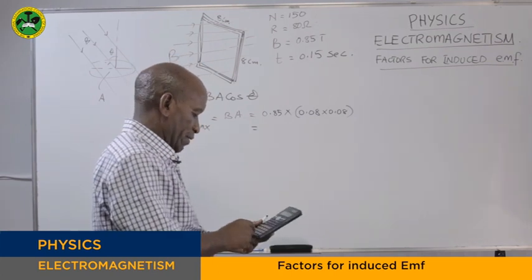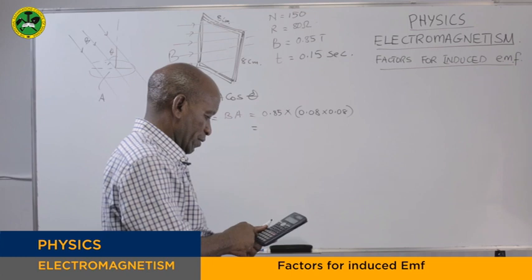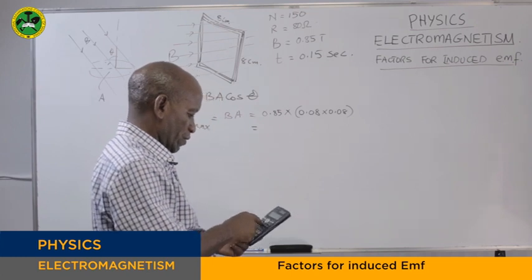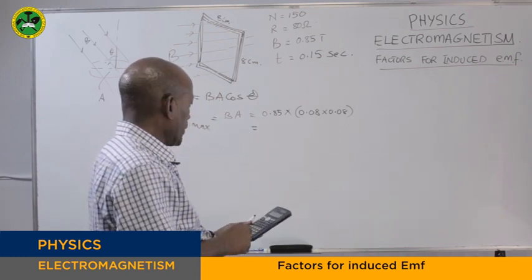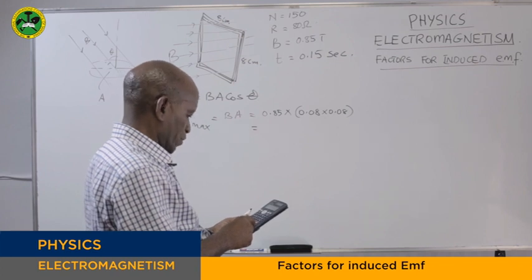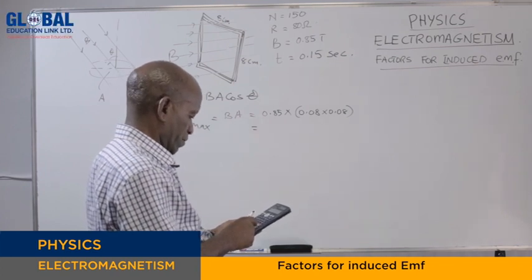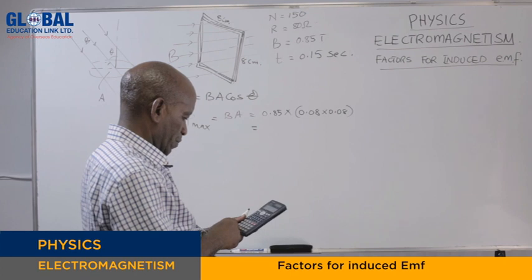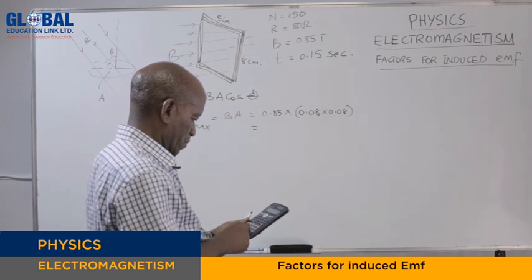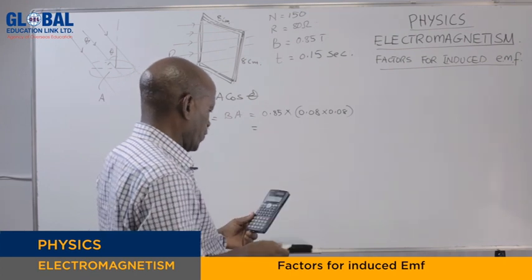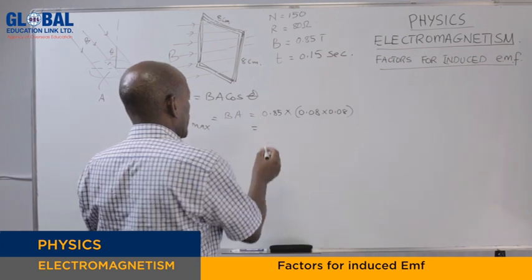If we multiply 0.08 times 0.08 times 0.85, we get 5.44 times 10 power negative 3.